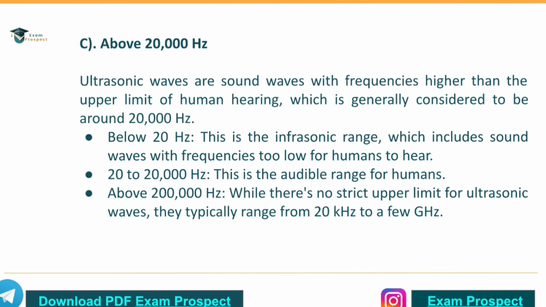On the other hand, below 20 Hz is the infrasonic range, which includes sound waves with frequencies too low for humans to hear. And 20 to 20,000 Hz is the audible range for humans. While there's no strict upper limit for ultrasonic waves, they typically range from 20 kHz to a few gigahertz.